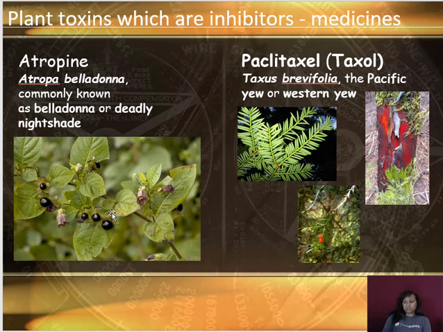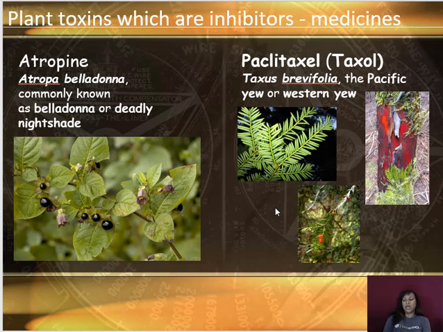In addition, some chemotherapeutics made from plant toxins are inhibitors. For example, there is one from the Pacific yew, also called the Western yew, Taxus brevifolia, and a chemotherapeutic called Taxol. Paclitaxel is the full name for it.